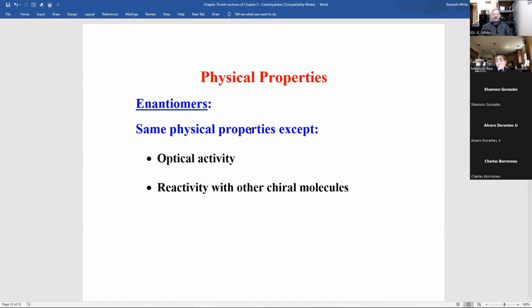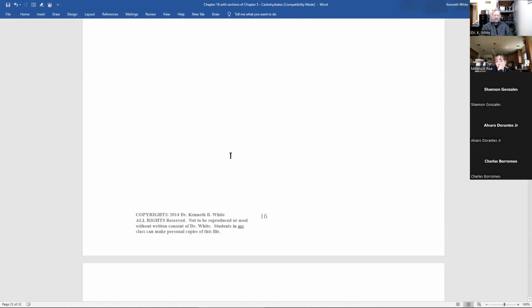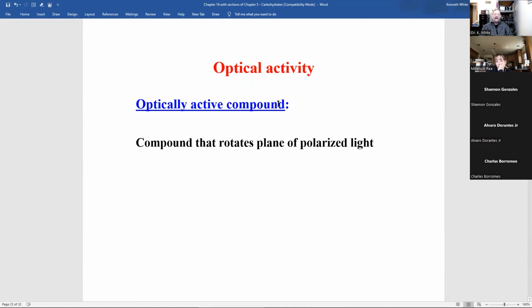For enantiomers of sugars or monosaccharides, the only things that are different are their optical activity and the reactivity with other chiral carbons or molecules. What's optical activity? Well, an optically active compound rotates plane polarized light when you pass it through it.